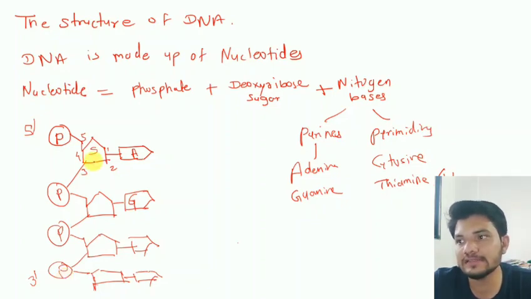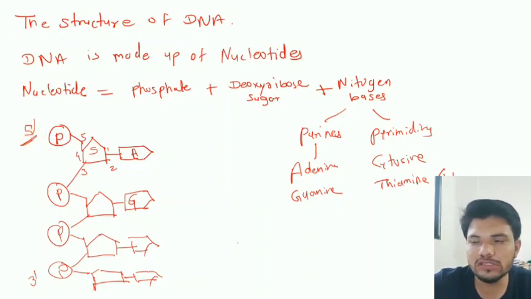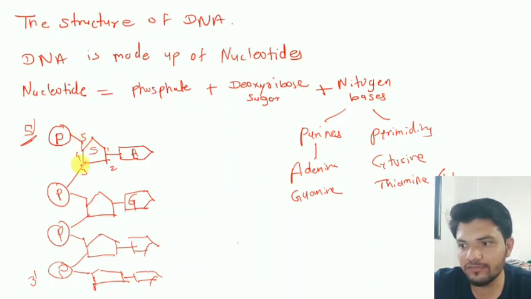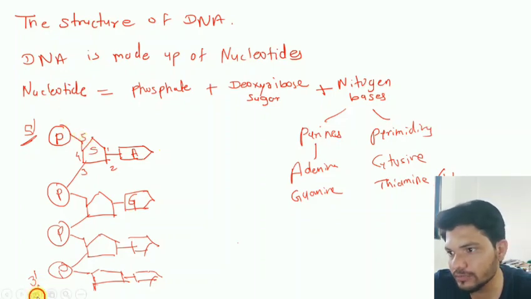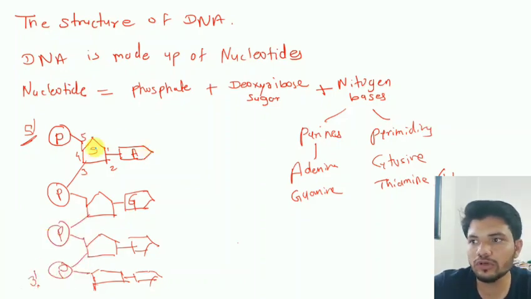Because at the fifth carbon of this sugar the phosphate group is present and it is free.